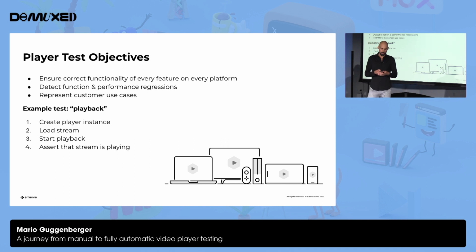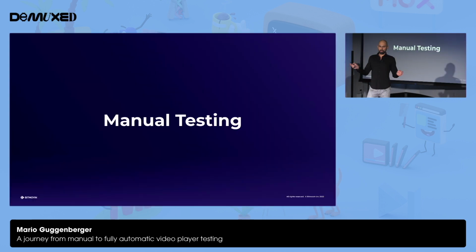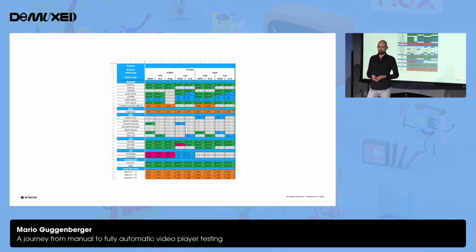And the root cause why I'm here today is that we basically did this manually when I joined Bitmovin as a software developer 6 years ago. We had a suite of player tests that were kind of scripted, but this still required a lot of manual effort. And we managed our test results in a spreadsheet that looked like this.